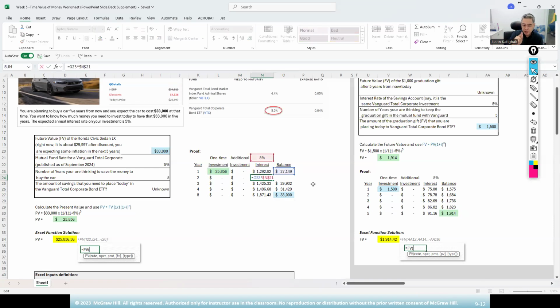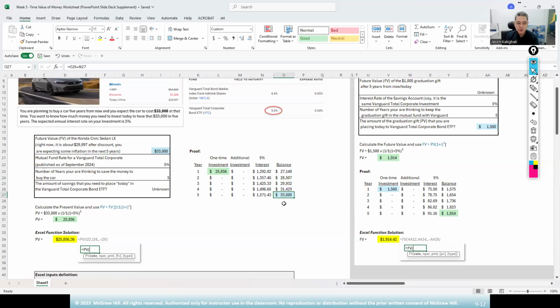The 5% interest is applied to the running balance as you go through, adding the prior balance plus the interest earned. By the fifth year, it's 33, so that's how you know it's correct. By investing 25,856 at 5%, you actually get 33,000.